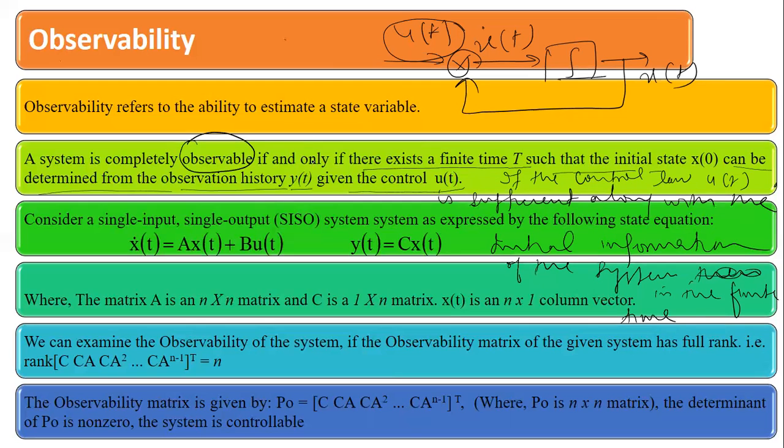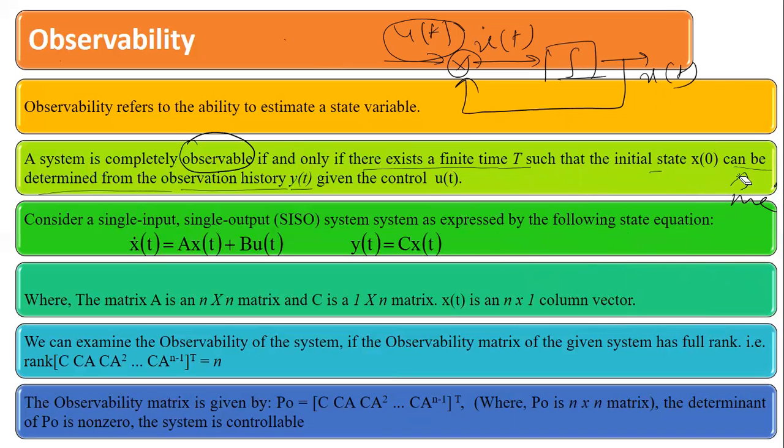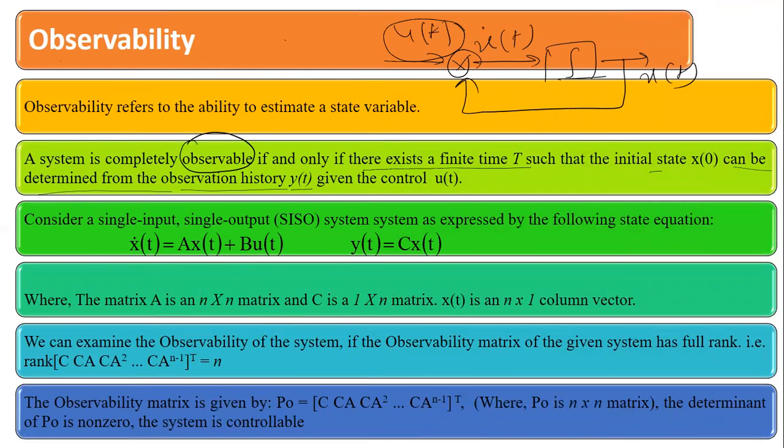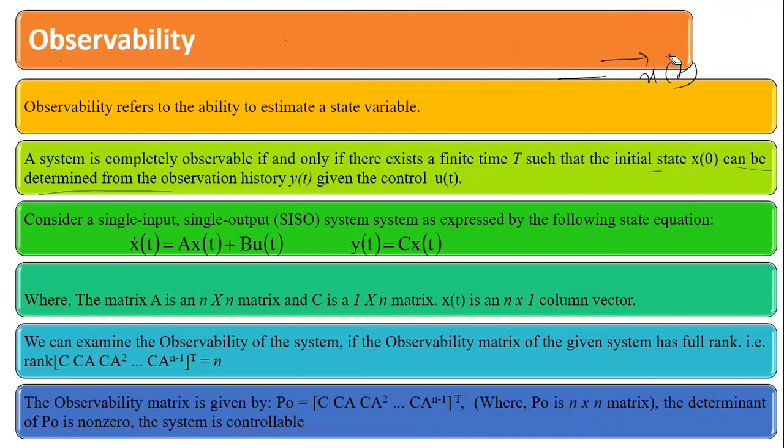The crux here is that you should have a control law and there should be some initial state which is known to you, right? If these two conditions are met and are sufficient to know the state of the system, to observe the state of the system, we will say that the given system is observable.